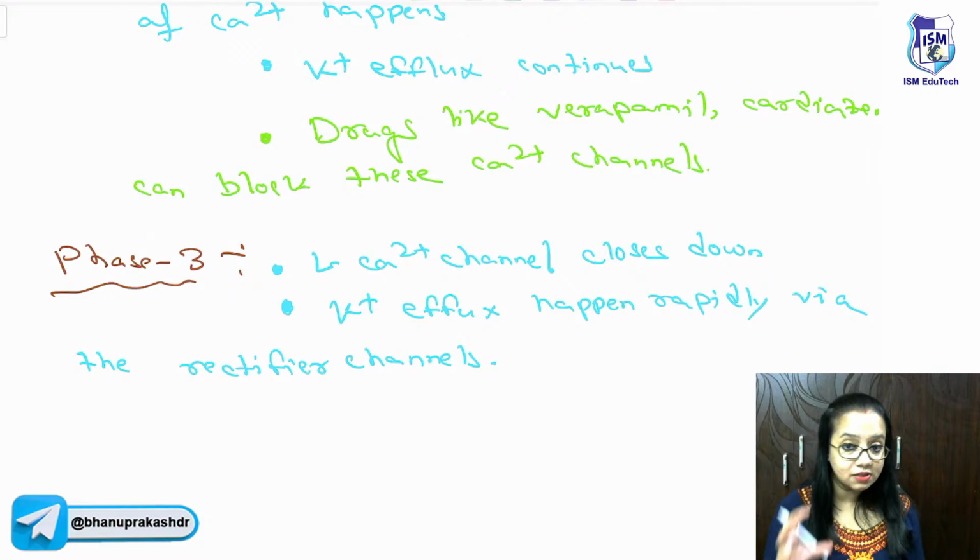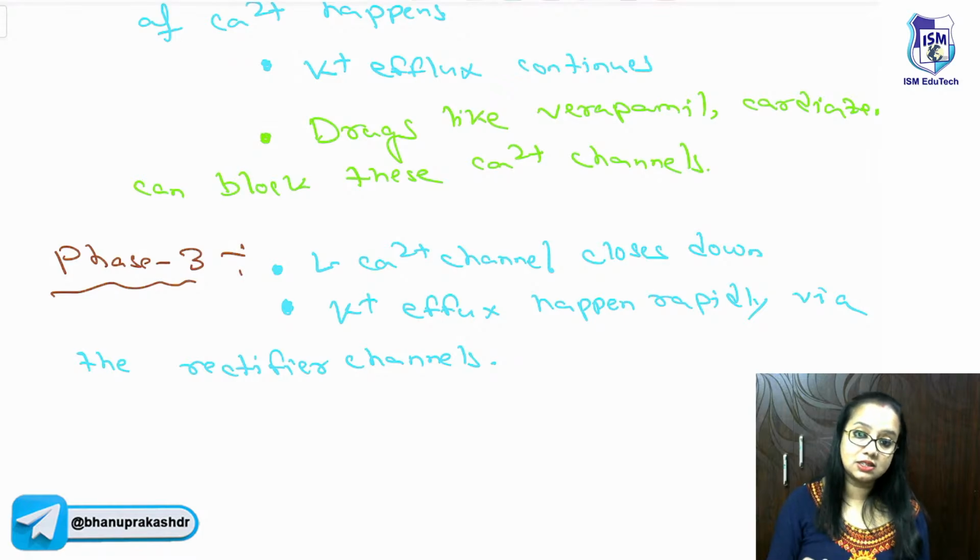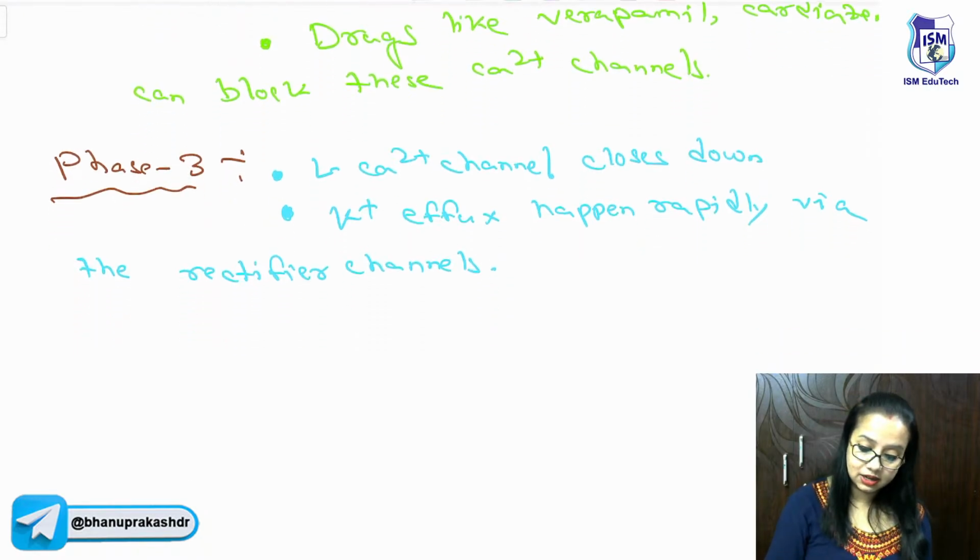So if the filling phase of ventricle is not proper, if the repolarization of ventricle is not proper, then we will not have enough blood to pump to the periphery, and immediately the person will have decrease in the blood volume. Okay, so this phase of repolarization, relaxation of ventricle is very important, which we will again emphasize when we study the cardiac cycle.